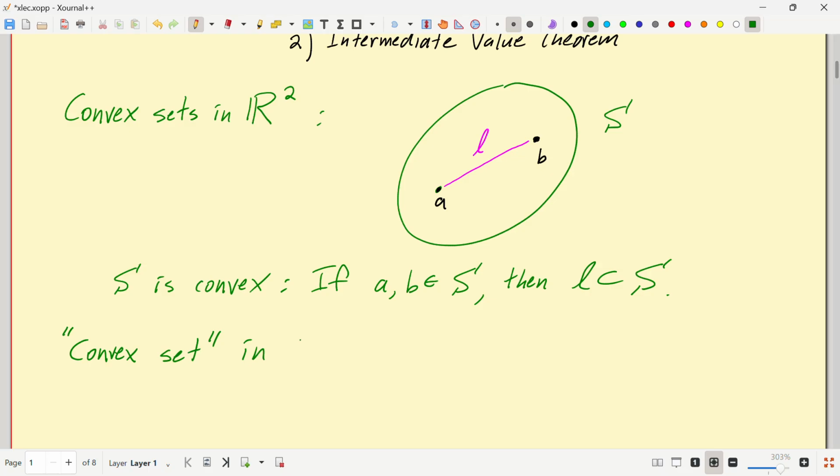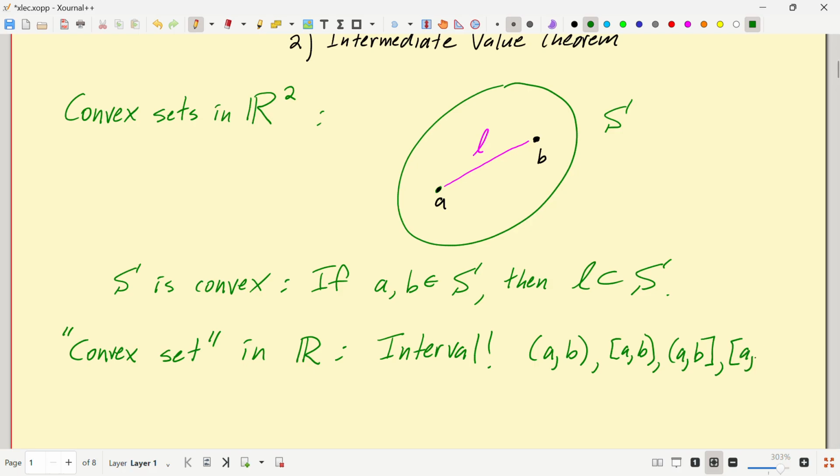An interval could look like AB, or AB, or AB with various kinds of endpoints included.